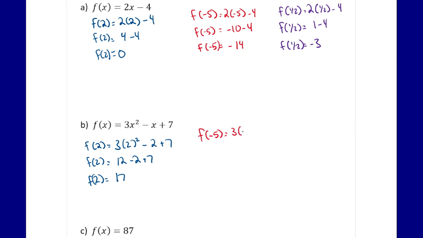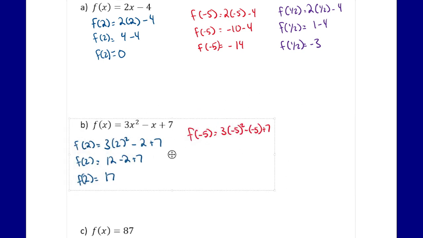So 3 times negative 5 squared minus negative 5 plus 7. Let me just move all this down to make sure we have enough room. So 3 times 25 is 75 plus 5 plus 7. F at negative 5 is equal to 87.